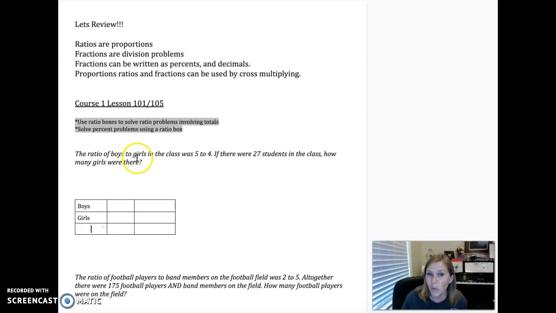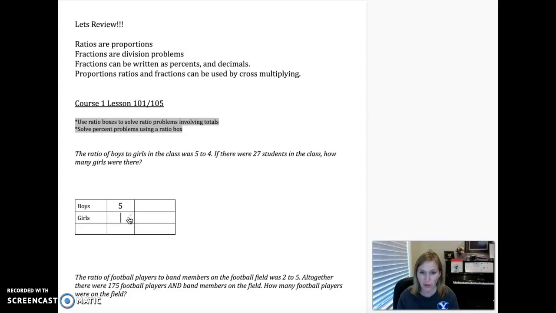So which one is boys? Boys is 5. And which one is girls? Girls is 4. Boys to girls, 5 to 4.